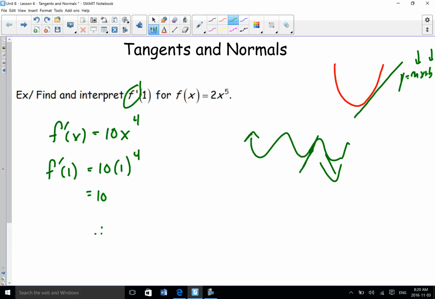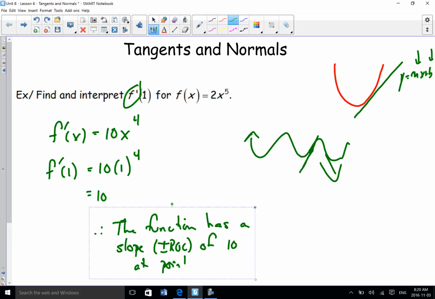And the function has a slope, an IROC, of 10 at the point x equals 1. Okay, that's what's happening there.